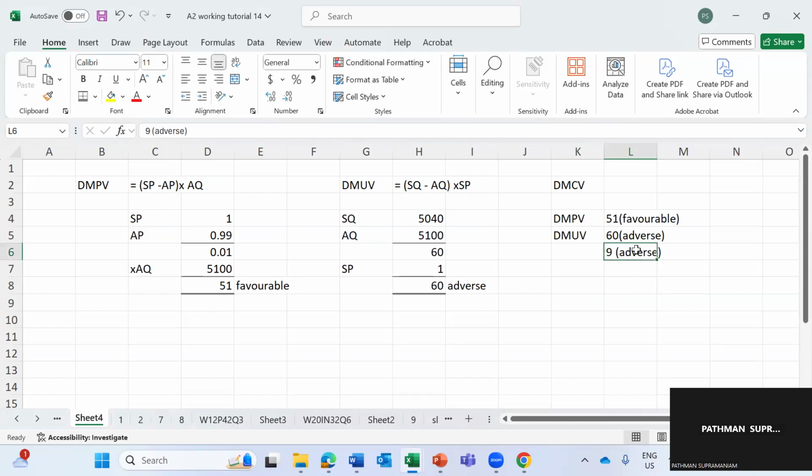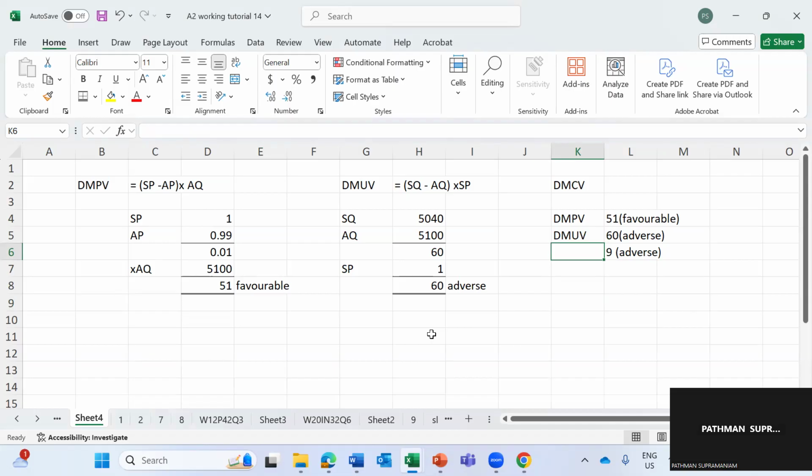So you write the more dominant one. But if both are favorable, then you add. Or if both are adverse, then you add. But if you have one favorable, one adverse, then you need to subtract, and the bigger amount is the dominant one. So direct material cost variance is $9 adverse.